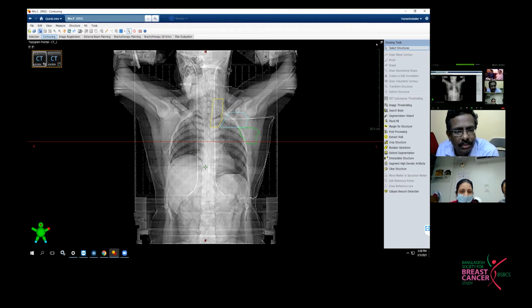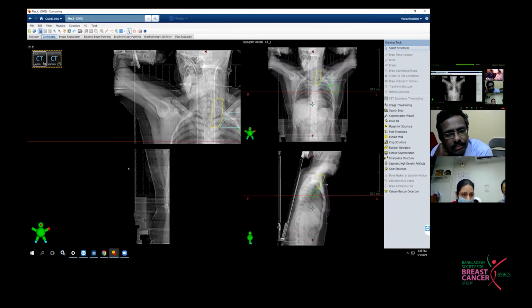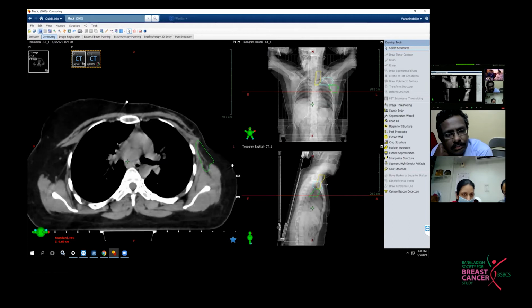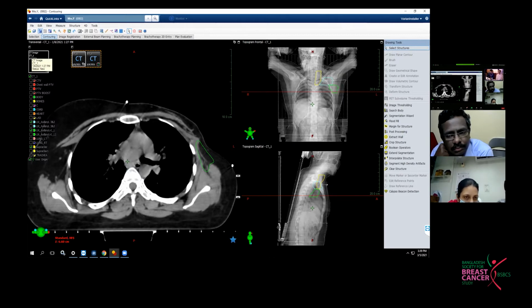So we can quickly move to the other volumes. Are you going to show other volumes? I think we should discuss a bit on this level of lymph node.